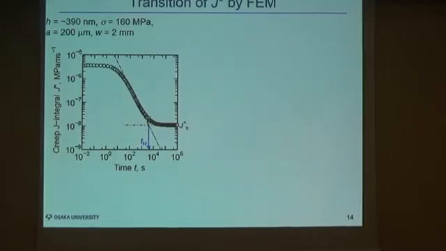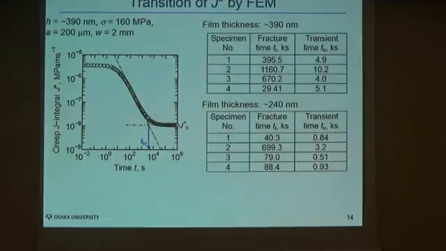And this is an example of analysis, a diagram showing the transition of J* values. You can see J* decreases and then reaches a steady-state value, J*_S. And from the analysis, we can determine the transition time t_TR. In this case, t_TR is on the order of 10 to the third power seconds.